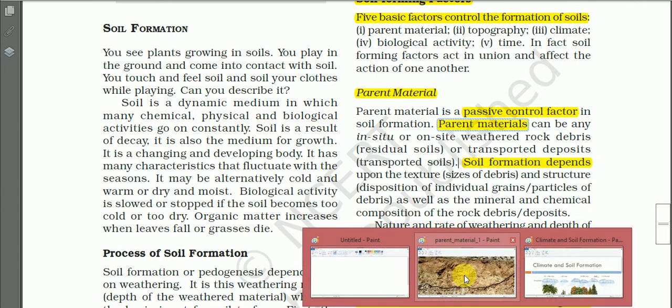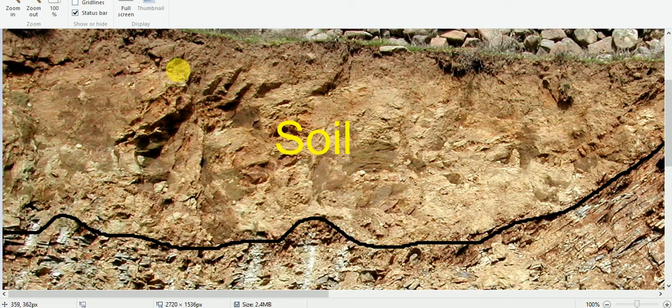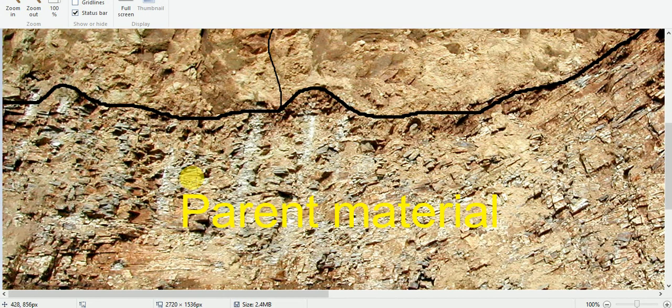Let us see one photograph. Here it is a soil profile, and this is the uppermost layer of the soil. It contains organic matter, humus, and this is what we call the A horizon. And here is another layer of soil, we call it the B horizon, and below it we may find fragments of rocks.